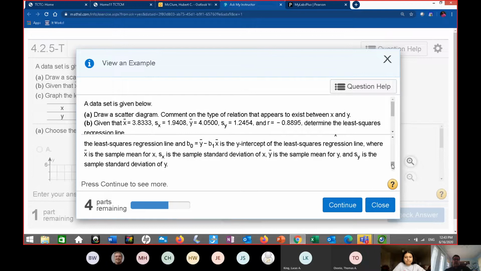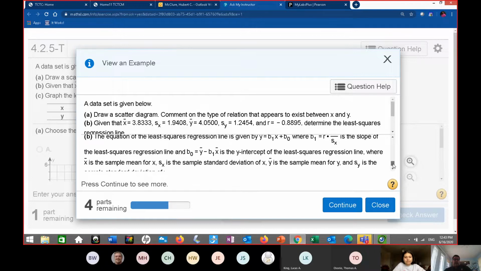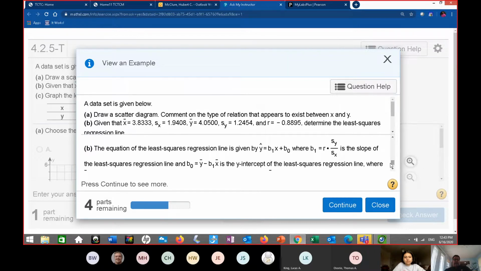So they give you x bar, they give you s of x, they give you y bar, they give you s of y, and they give you r.